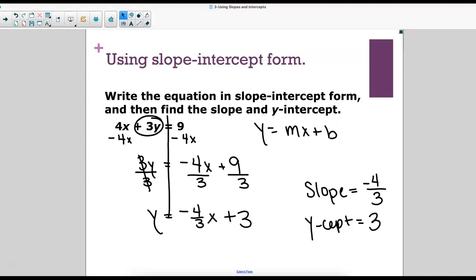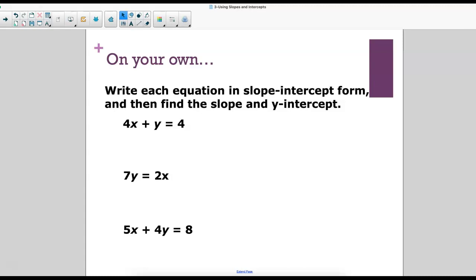Okay, last couple like this. We want each one in slope-intercept form. So if I start with the first one, I want to get y by itself. How do I solve for y, Eddie? Subtract 4x from each side. So we have y equals negative 4x plus 4.